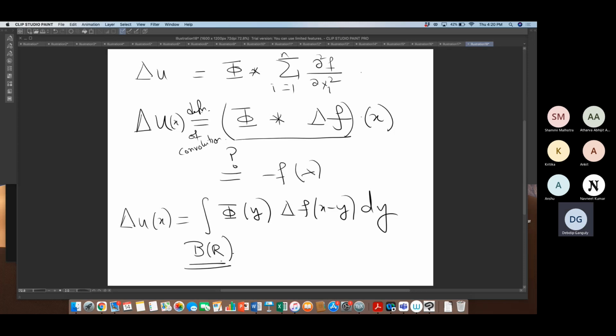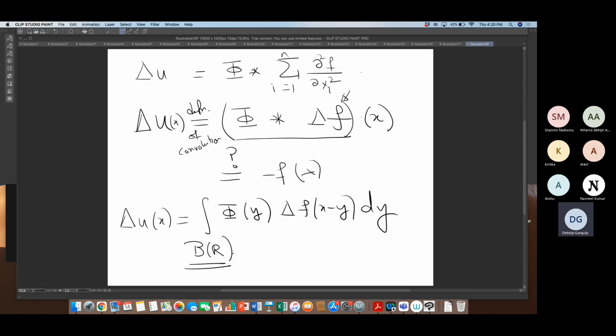What is Br? Who will tell me? f has a compact support. Whether the Laplacian of f also has a compact support, yes or no? If f is a C2 function with compact support, then its derivative and double derivative all have compact support.